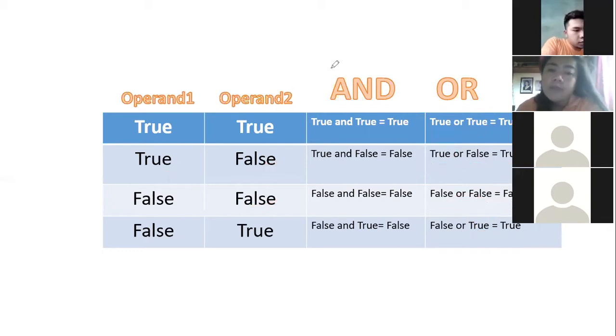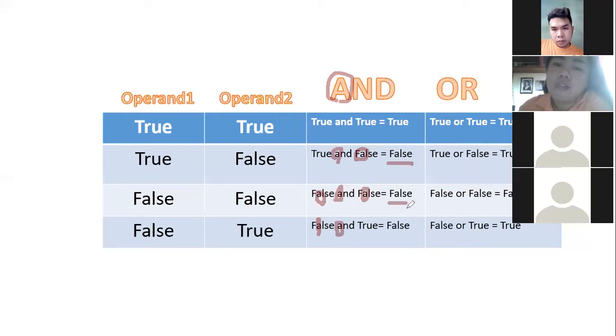Ito yung technique para mas madaling matandaan yung truth table. What I do is, this is my clue. Dahil false, meron siyang letter A. Ang and, meron siyang letter A. So, kung and ang operation, may letter A, tapos may false na, the answer is false.